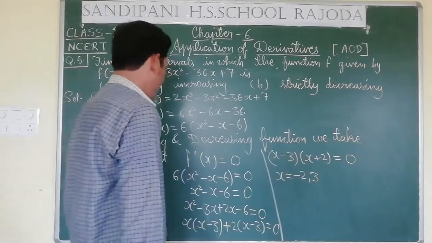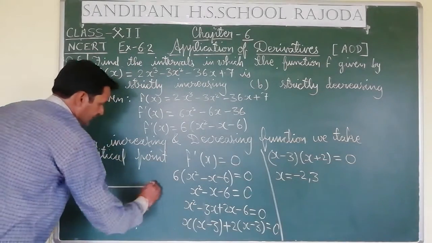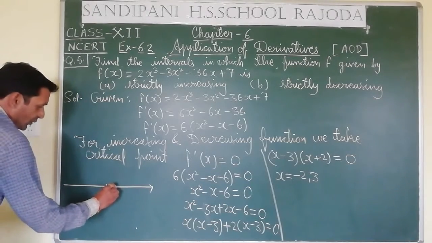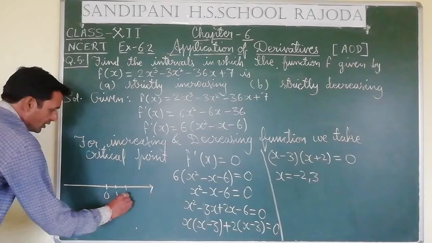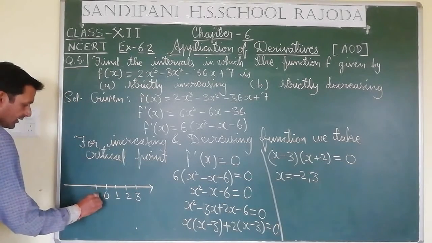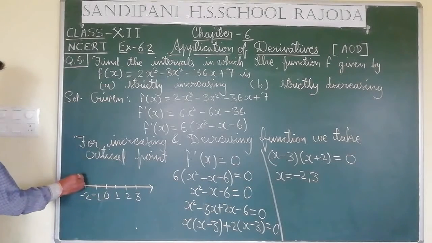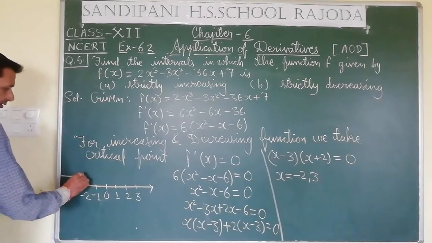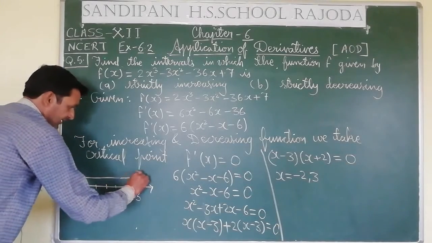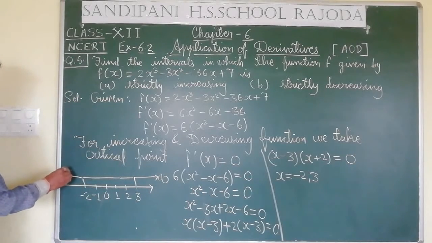So let us make the intervals first of all. Suppose this one is 0, this one is 1, this one is 2 and this one is 3, this one is minus 1 and this one is minus 2. So there are 3 intervals, 1, 2 and 3. Means here it is up to infinity, here it is again minus infinity.